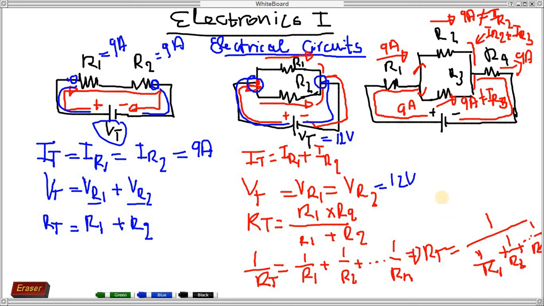Or in another way, R total equals the sum of 1 over R1 plus 1 over R2 plus dot dot dot 1 over Rn, all to the power of minus 1. This is how we calculate the total resistance in a parallel circuit.